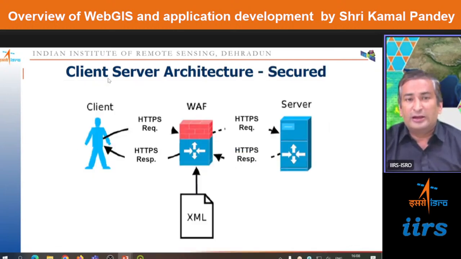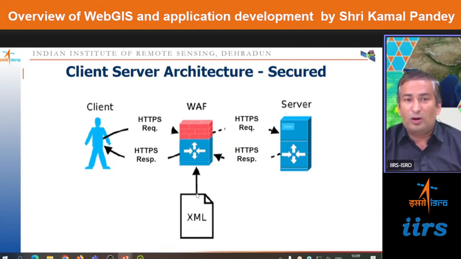Now, if you see here, a secured one, how to secure that data? If the client makes a request, there we put one firewall, and certain rules are identified for it in the form of an XML document. These rules decide which data to process and which data to discard. So before reaching the server, these requests are filtered at the firewall level, and this has become very important these days.